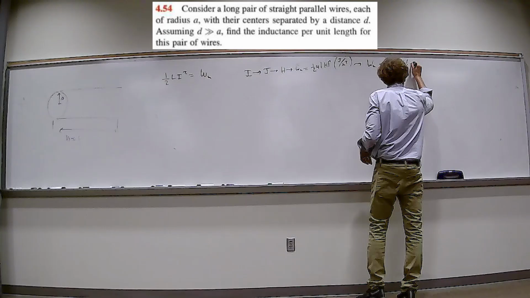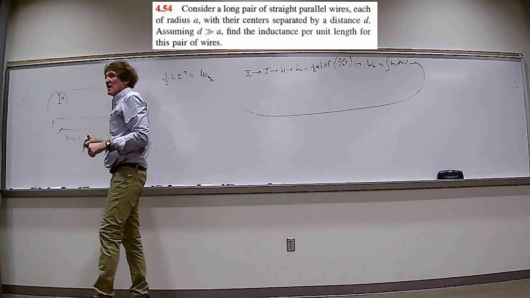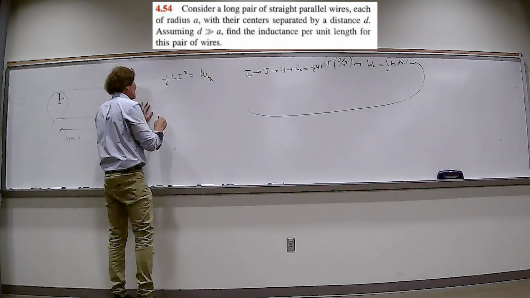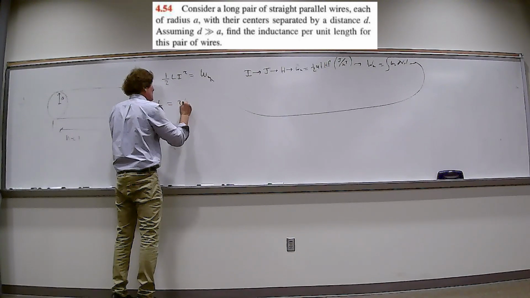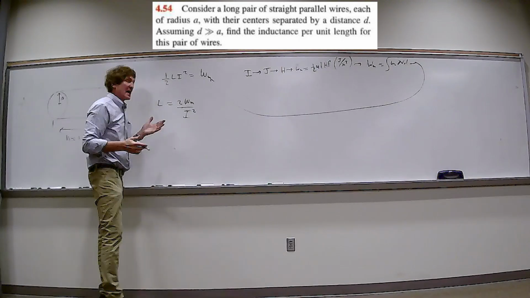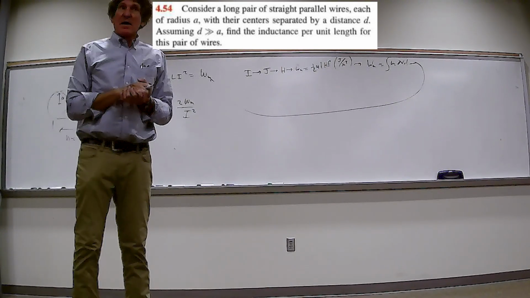From there, it comes back to here, stick that in there. We assumed I, we calculate L by just saying L is going to be equal to 2 times the magnetic energy divided by I squared. This is the actual way you do it, the energy method.